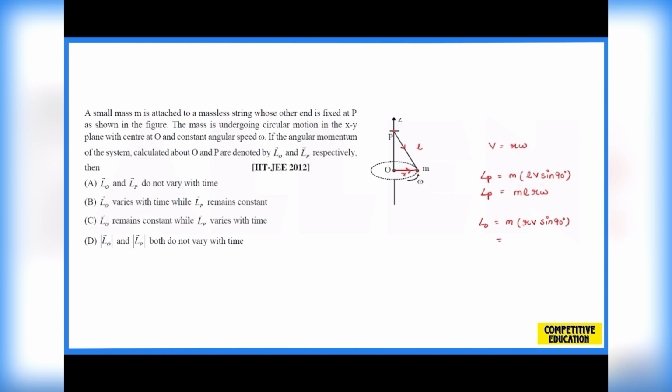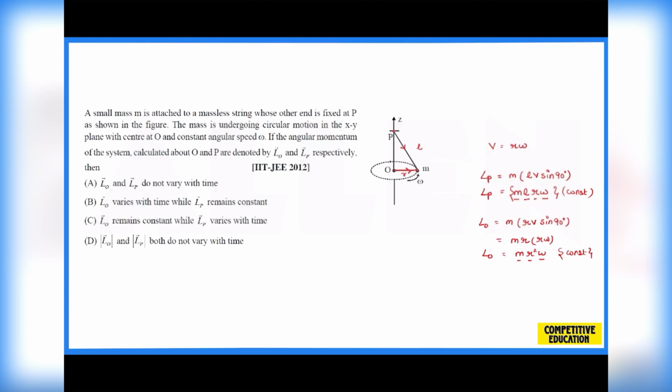So this will come out to be m r, putting the value of V as r omega, m r square omega. This is the magnitude of the L_O vector. Now in the magnitude of L_P vector, m, L, r and omega are all constant, so the magnitude of L_P vector is constant. In L_O vector also m, r and omega are all constant, so the magnitude of L_O vector is also constant.